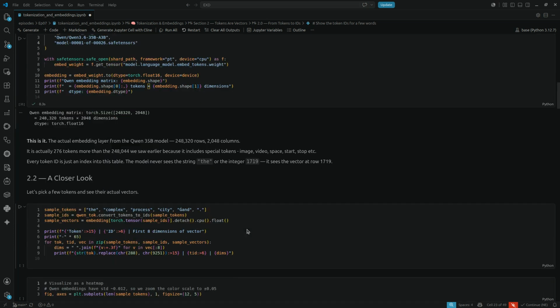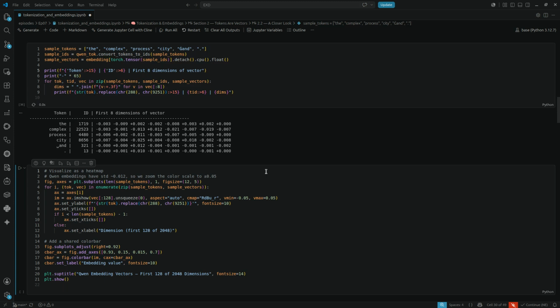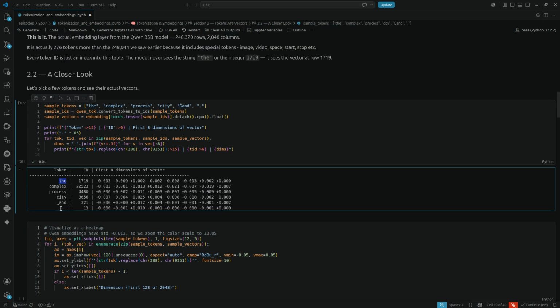Okay, excellent. Let's take a closer look. Let's pull a few tokens and look at their actual vectors. Now remember, this is a list of 2048 numbers, so we're not going to see all of it. We'll just pull the first 8 dimensions. So the token "the", which has the ID 1719, is actually this vector.